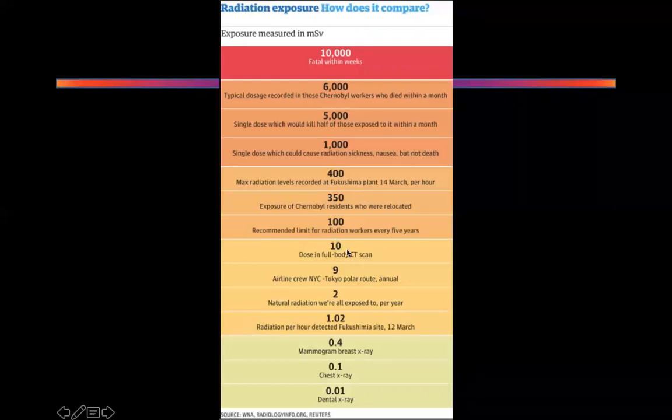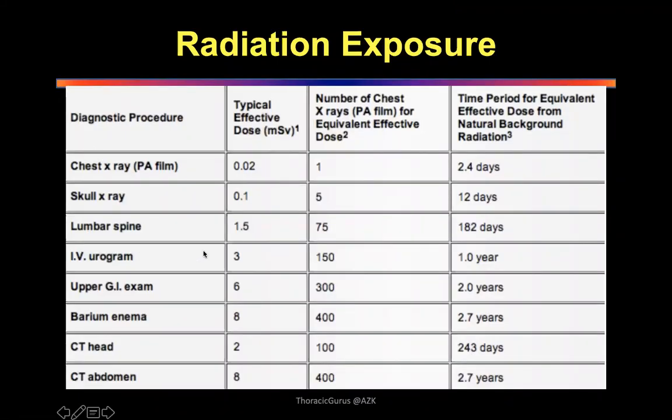A CT scan is also quite safe because you're very much in the yellow zone, not in the orange or the red zone. So doing a CT scan really is not that much of a problem. If you look here again, you will see that this is equivalent to the time period that you would get from natural background radiation, how much exposure you get.